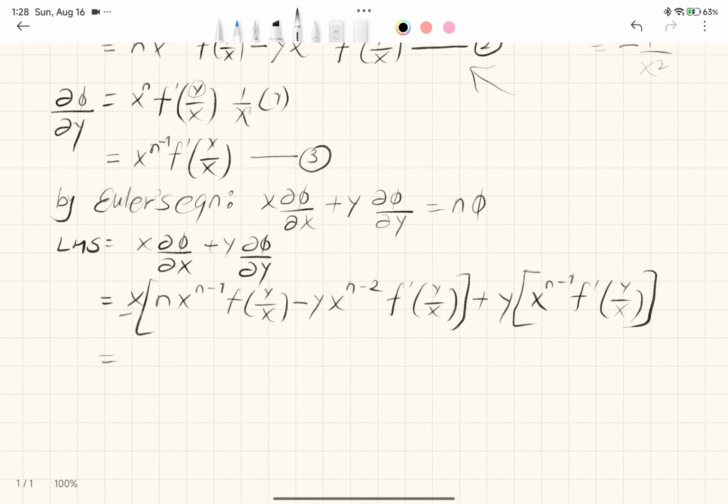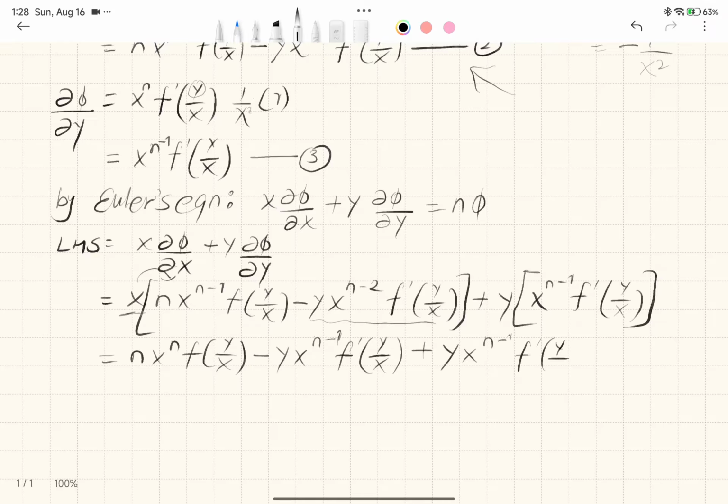When we multiply this x inside, we get n times x raised to the power n times function of y over x, minus y x raised to the power n minus 1 f prime of y over x, plus y x raised to the power n minus 1 f prime of y over x. These two terms are equal but have opposite signs, so they cancel each other out.